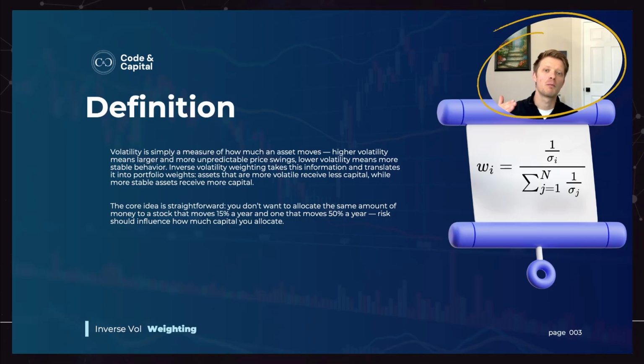You can think about bonds, for example, being less volatile, so they would probably receive a higher weight than an equity position in your portfolio. Inverse volatility takes this information and translates it into portfolio weights. Assets that are more volatile receive less capital, while more stable assets receive more capital in the end.